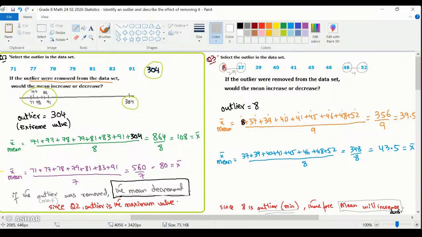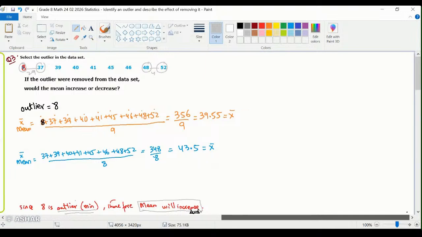When you're solving this question in your exam, if it's a single mark question, then you just give the answer. The mean will increase or mean will decrease. But if the question has multiple points to it, then you show the working, right? We give information based on the marks assigned to a question, right?